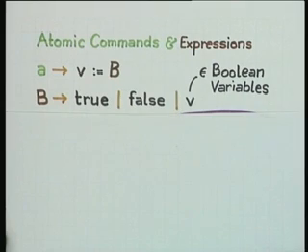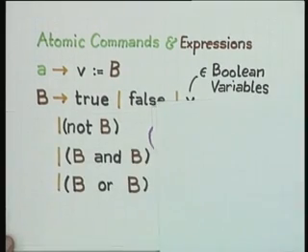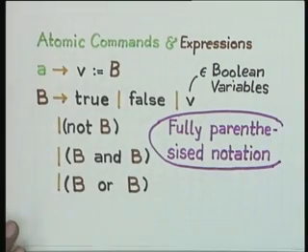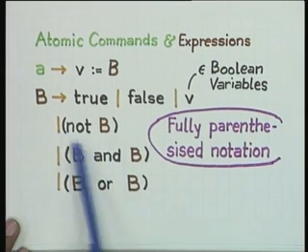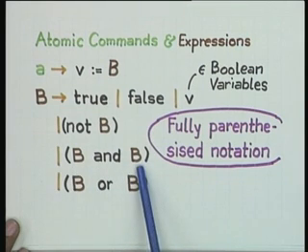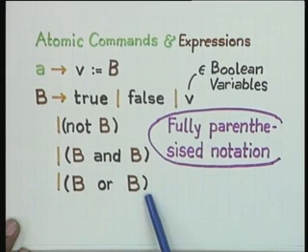The next level specifies how you make compound Boolean expressions from simpler Boolean expressions. So, if B is a Boolean expression, then not B is also a Boolean expression, and given two Boolean expressions, this is a Boolean expression and this is also a Boolean expression.